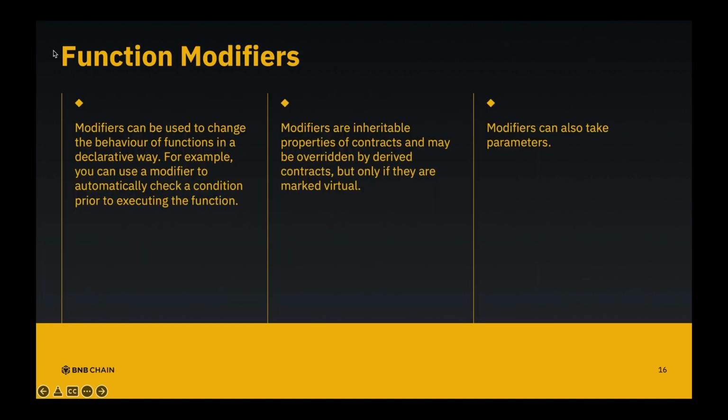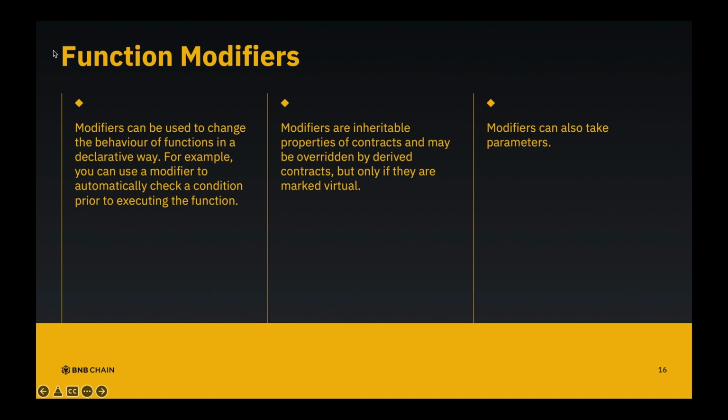Then we are pretty much done with the function part. We can talk about function modifiers. It is a feature provided to change the behavior of a function in a declarative way. Say you use a modifier to say this function can only be run when the sender is the owner, so that you can check a condition before executing the function.